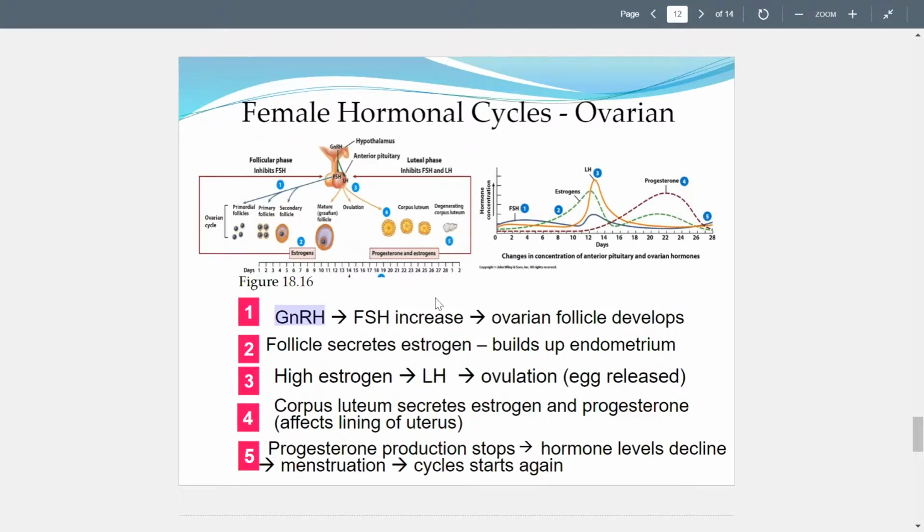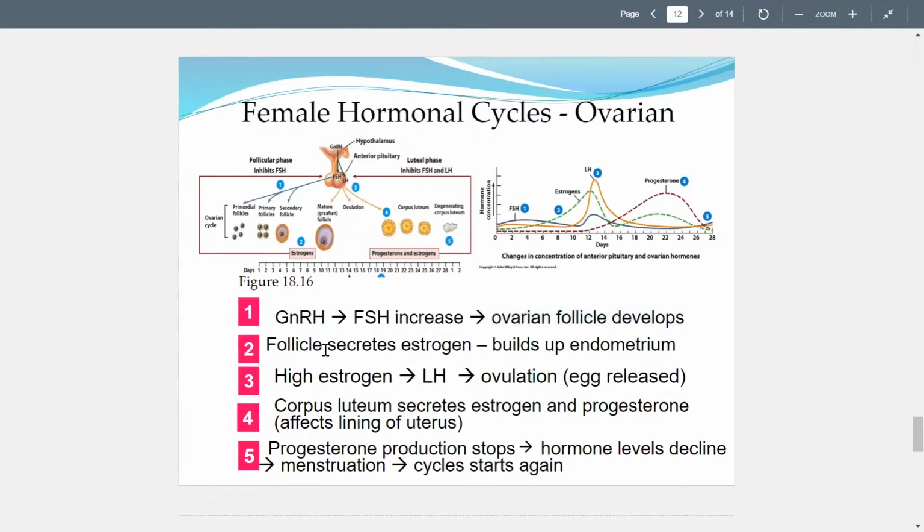That causes the pituitary gland to release FSH, which helps develop the ovarian follicle. The ovarian follicle includes the egg and other cells that secrete estrogen.